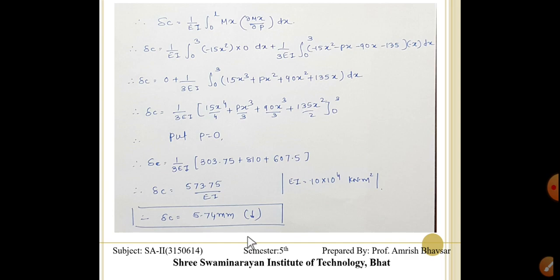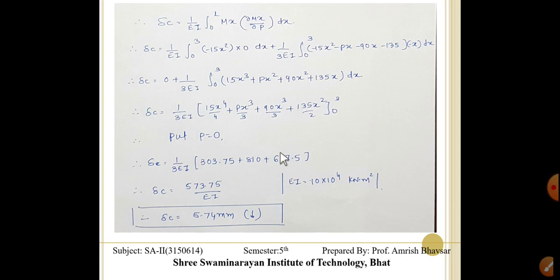From this procedure we can get the slope and deflection for the cantilever beam for fictitious load and fictitious moment. Now the first determinate beam is completed. In the next lecture we are going to discuss another determinate beam, that is simply supported beam and overhang beam.